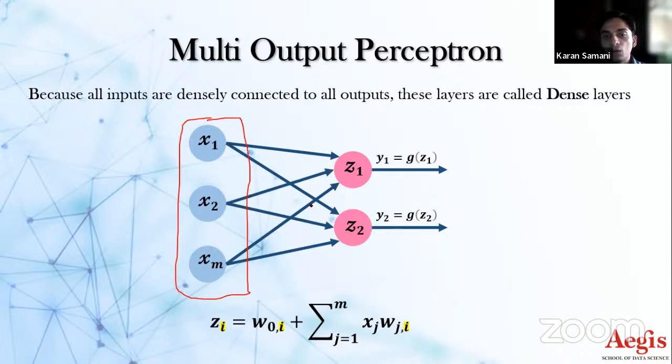They have multiple outputs, giving z1 and z2. Because all the inputs are densely connected to all the outputs, this is also known as a dense layer.